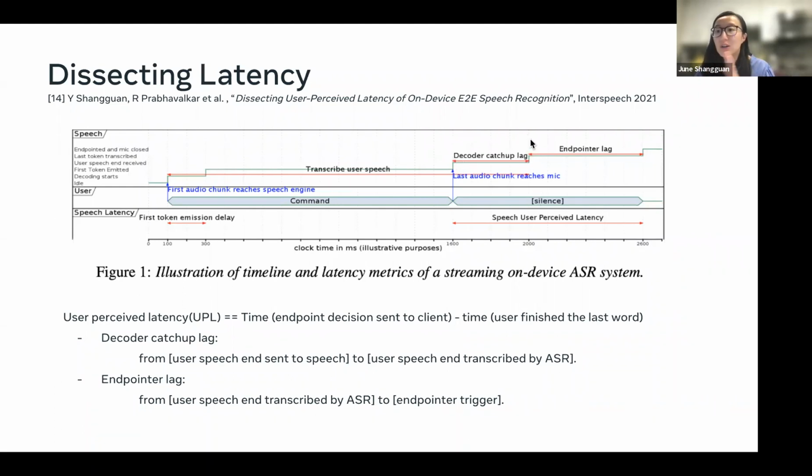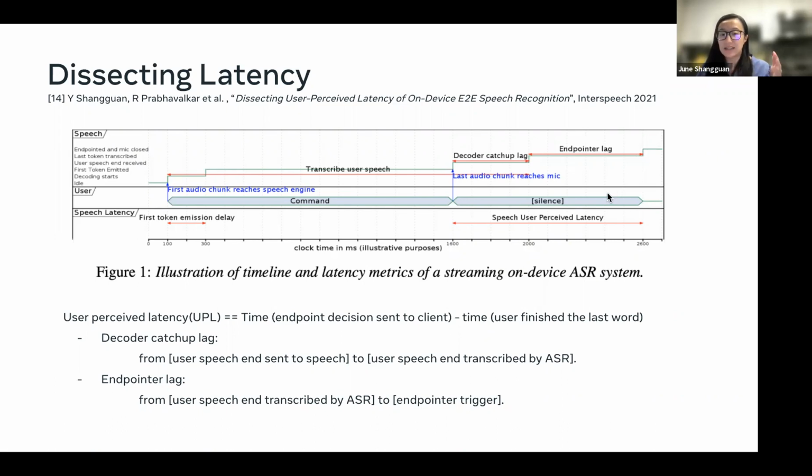The RNN-T finally says, I'm at the end of the sentence. And then this is where an endpointer sets in. The endpointer in ASR typically defines when to close the microphone. So it starts counting silence from the end of the emission of your RNN-T model and waits until enough silence has been achieved, and then it ends the microphone. And so the speech perceived latency is actually the sum of your decoder catching up and the endpointer closing the microphone.